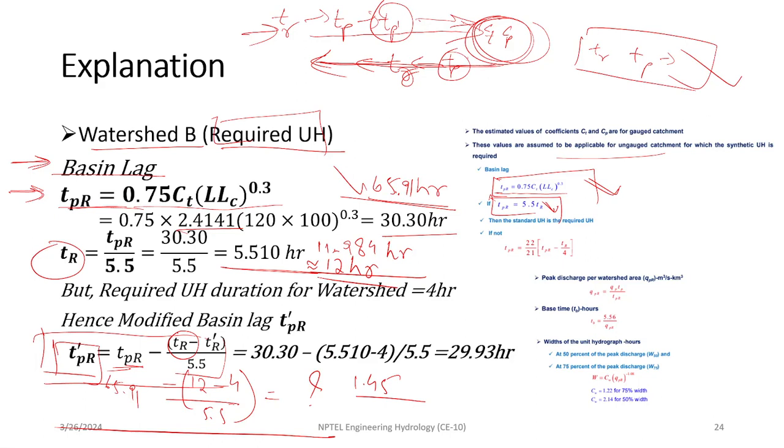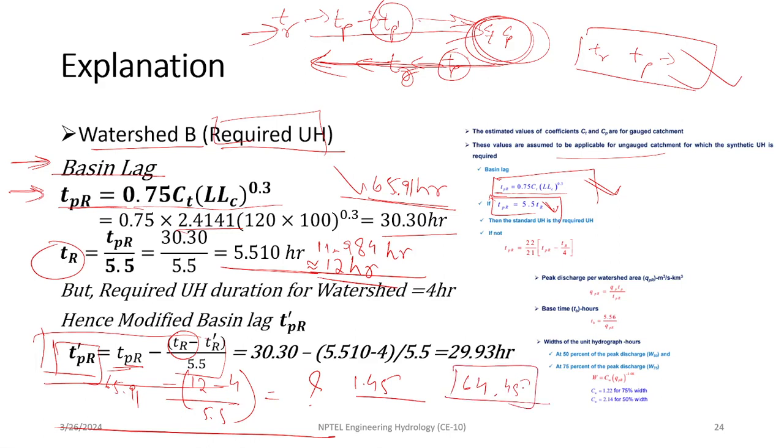I did some mistake. 12 minus... 65.91. Ashish, 64.45. Yes, I am also getting a larger value, 64 point something. Yes, 64.45.